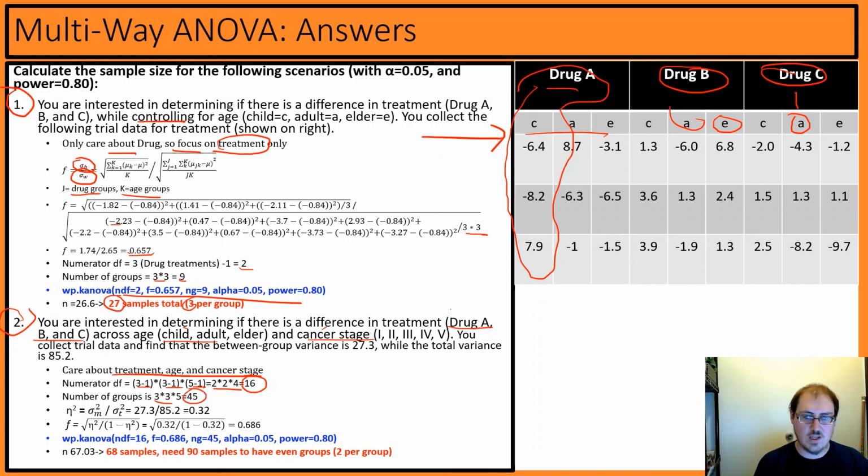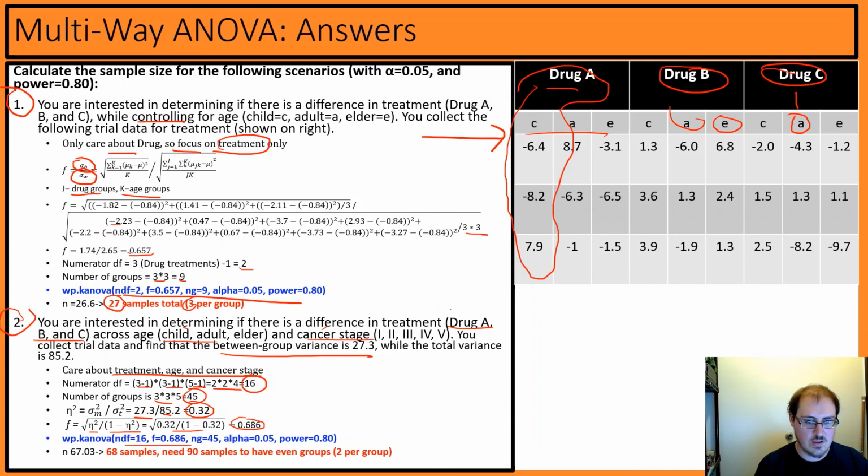Then we're actually given a lot of this information, so the between groups variance is 27.3, so we can just plug that into our partial eta squared equation, and our total variance is 85, which is very handy because I would not like to calculate this ourselves. That gives 0.32, and plugging that into this equation gives an effect size of 0.686.